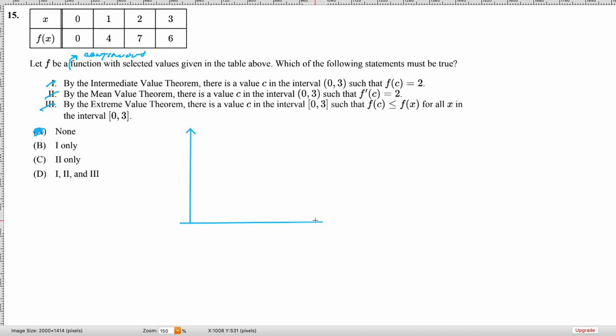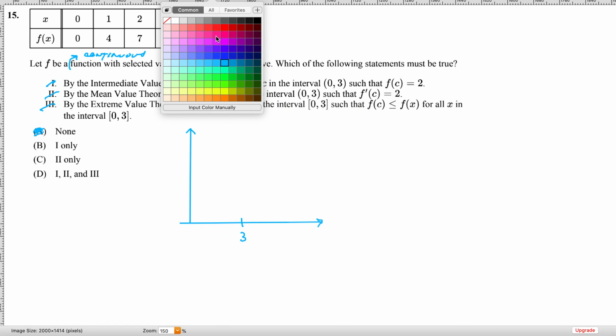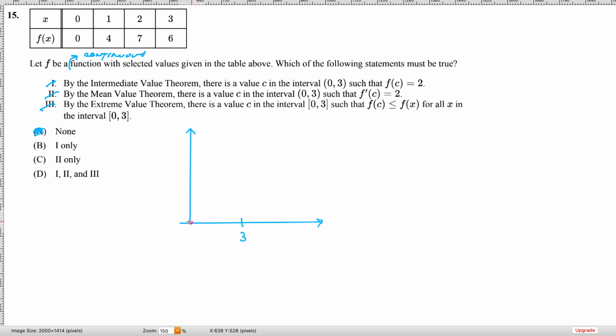So if f is continuous, I want to see if there's a value between 0 and 3. Let's say this is 3 over here, such that f of c, so some c value with f of c equal to 2. So the intermediate value theorem tells me, and I'm now assuming that f is continuous, I'm changing this question, so we know for sure f is continuous.